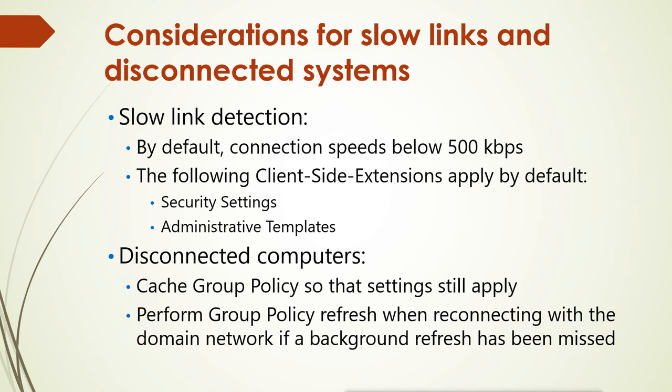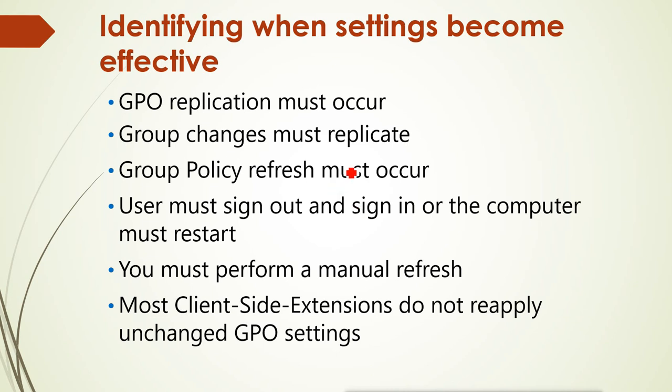Then, identifying when settings become effective. For the settings to be effective, group policy replication must occur, and group changes must replicate. Then group policy refresh must occur, and the user must sign out and sign in, or the computer must restart.